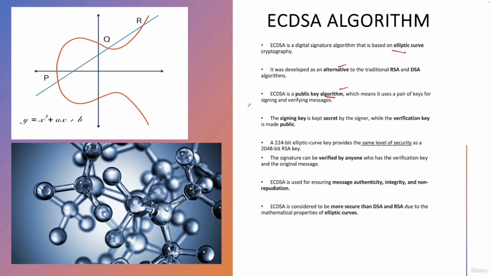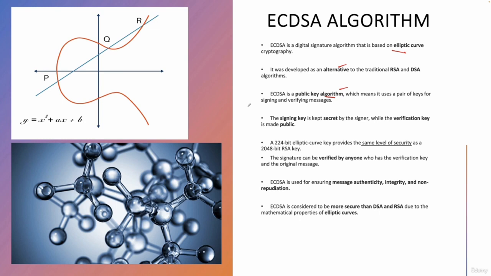We've learned about it in previous lectures. And yes, the elliptic curve digital signature algorithm is considered to be more secure than DSA and RSA. Why? Because, as I said, it's based on the advanced mathematical properties of elliptic curves. It's quite a complex algorithm.